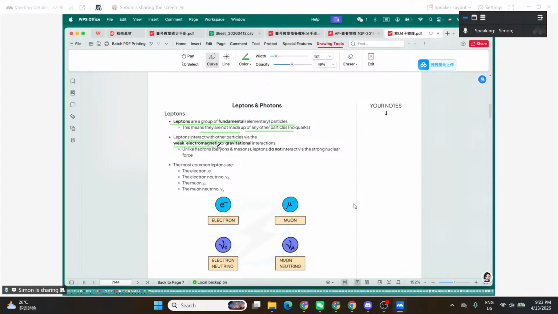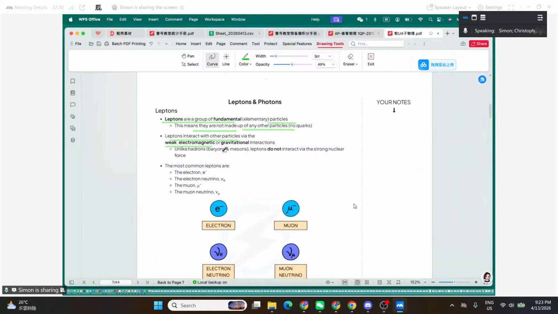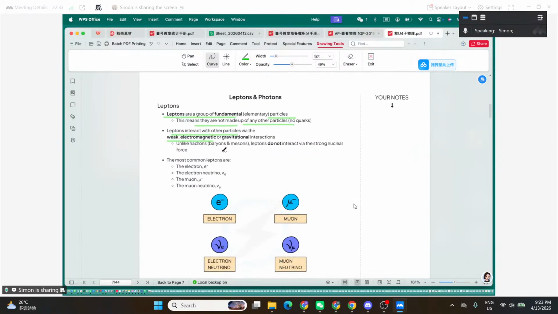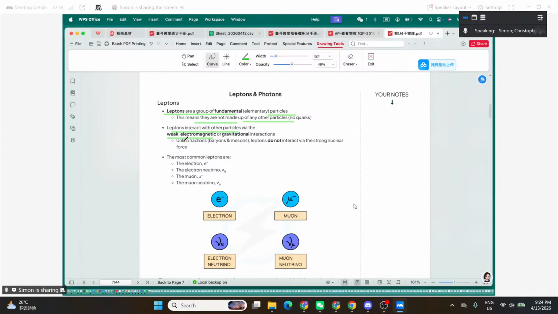And for the leptons, the force is weak. It's the weak force, right? If there is a force that happens between the leptons, we call it the weak force. Unlike the hadron, like the pion and methane, the leptons do not interact via the strong nuclear force, only the weak nuclear force.